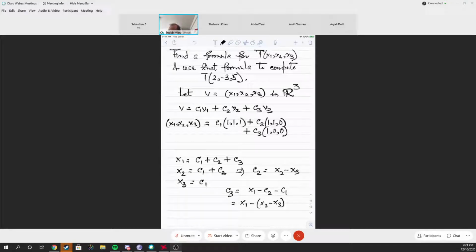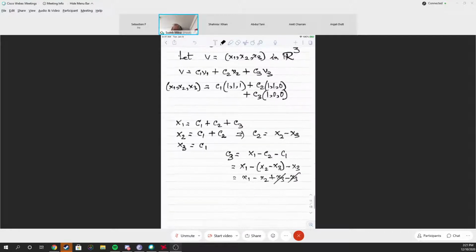minus x3 and C1 is x3. So x1 minus x2 plus x3 minus x3, that cancels. So what you have is V, that is x1, x2, x3, is equal to C1 V1 here from here.